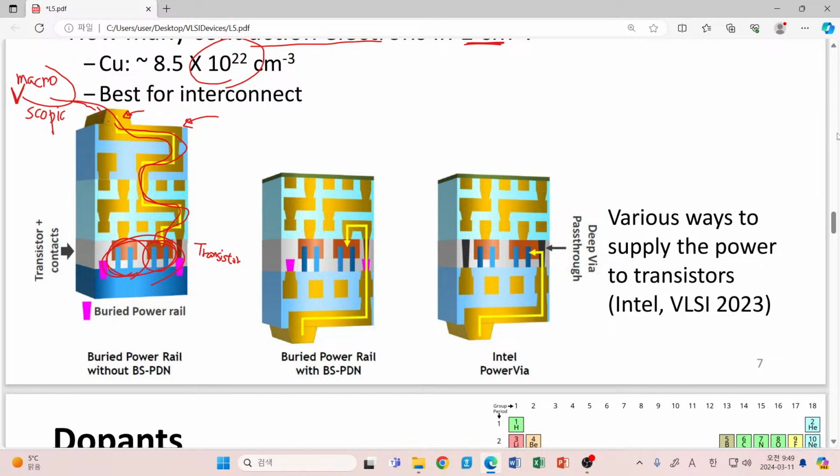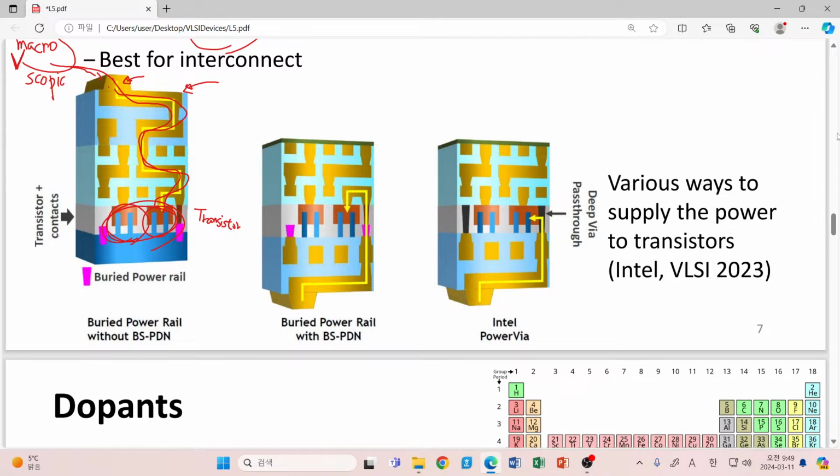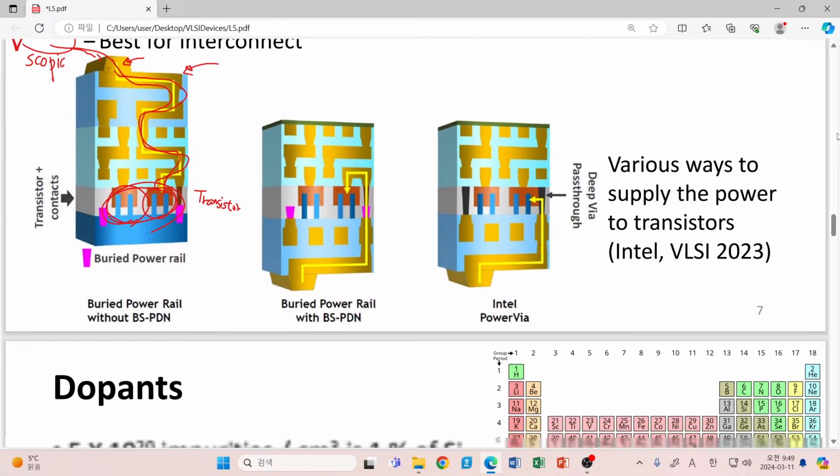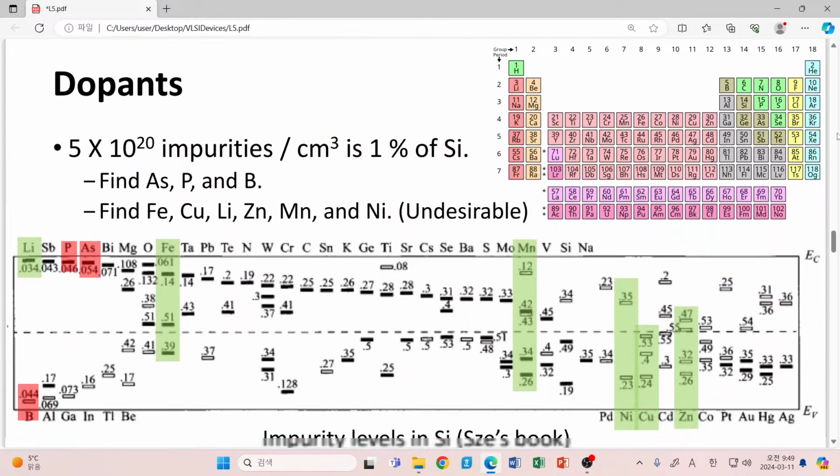So nowadays we are thinking that we must find an alternative material which can be used instead of copper. It is also related to our later discussion. So why are we getting more and more unhappy with copper? That is related to this one.